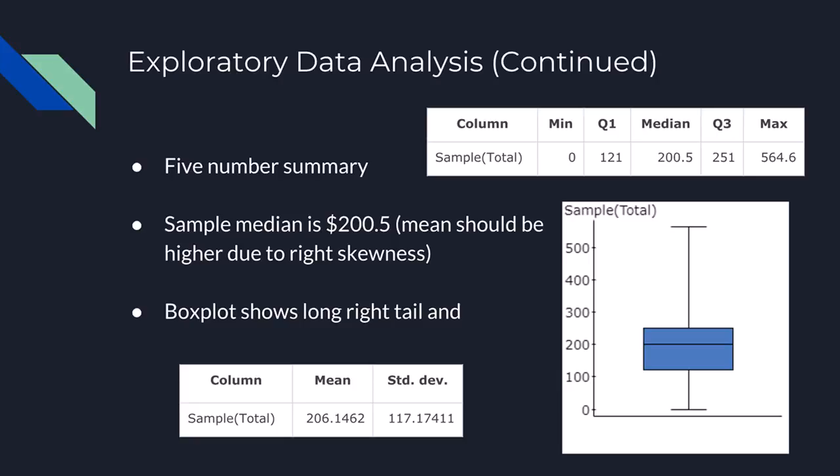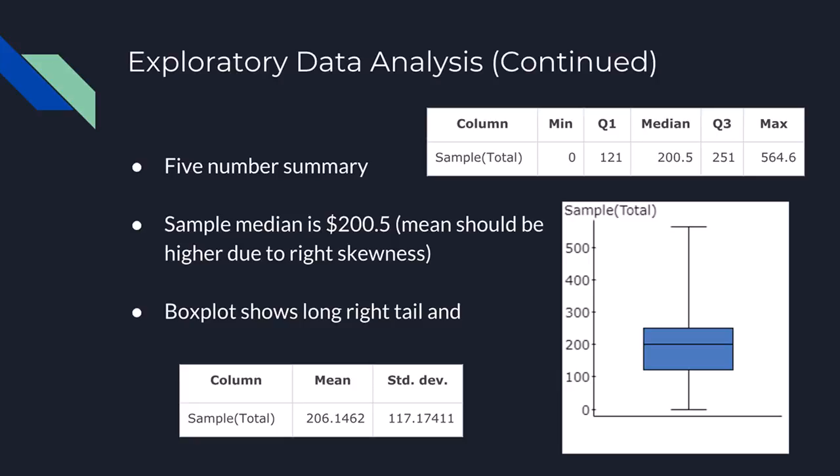Moving on in our exploratory data analysis, I've produced the 5-number summary and a box plot on the right. With the box plot, we can clearly see the long right tail, or the long tail above, that shows that the data is right skewed. The median, we can see in our 5-number summary, is 200.5, which means we would expect the mean to be larger than that because of the right skewness.